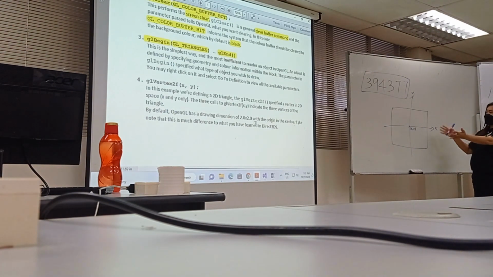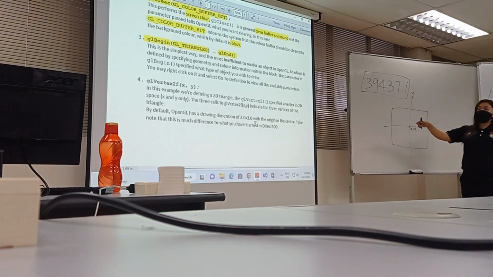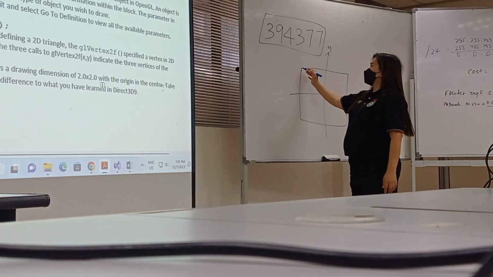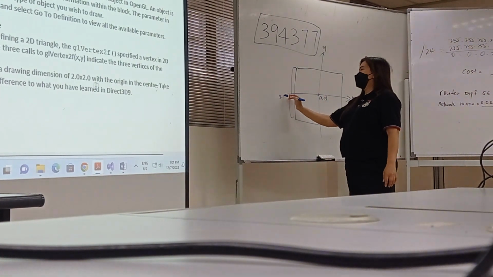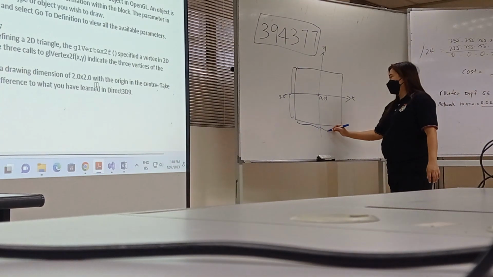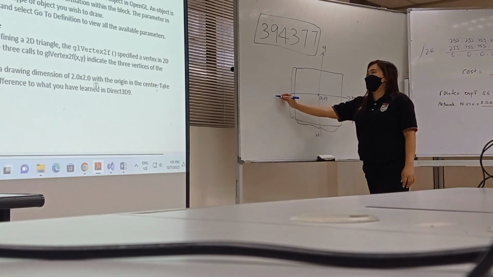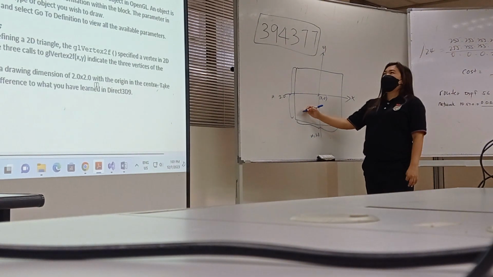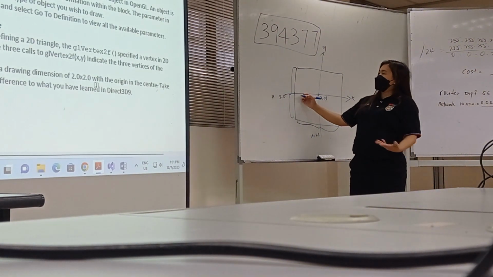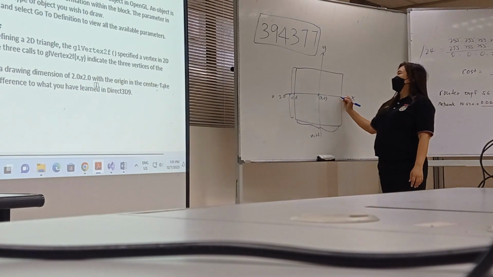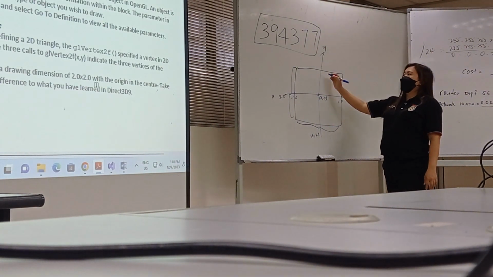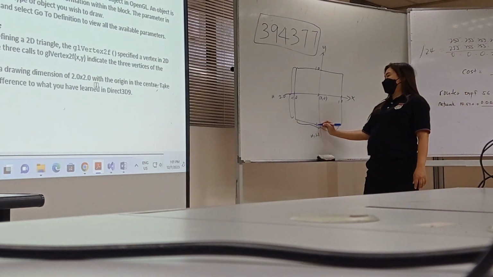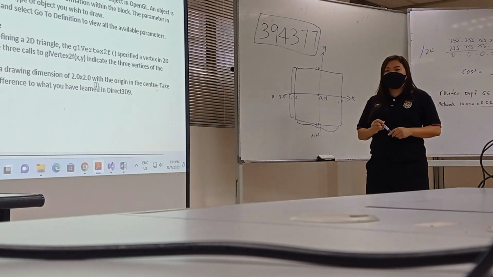The width and height of your OpenGL window dimension is 2 times 2, only 2.0 for your width and your height. So it means your left edge is negative 1.0 and your right edge is 1.0. Your top is 1.0 and your bottom is negative 1.0.